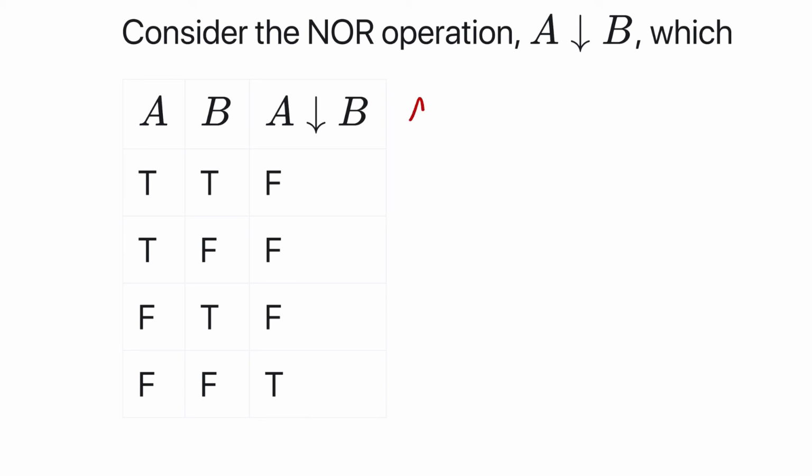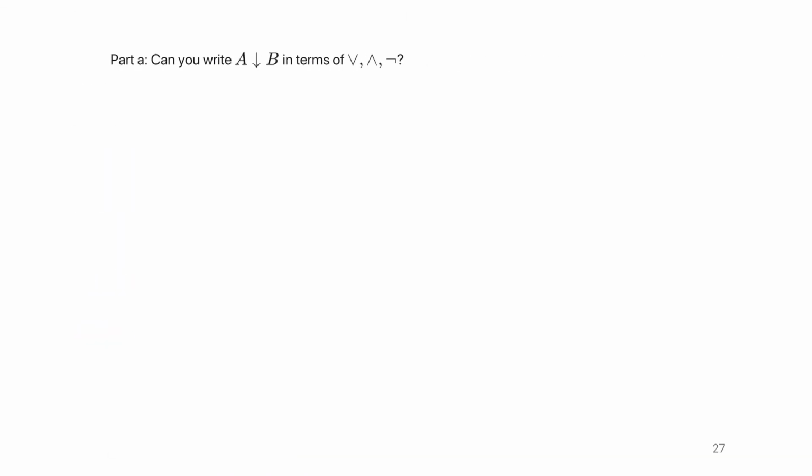Because A or B is true, true, true, false. So this one's pretty convenient. I can just take the not of A or B. So A down arrow B is equivalent to not (A or B). And if you were asked to prove this, maybe on Thursday, maybe not, the one and only way to do so is with a truth table.